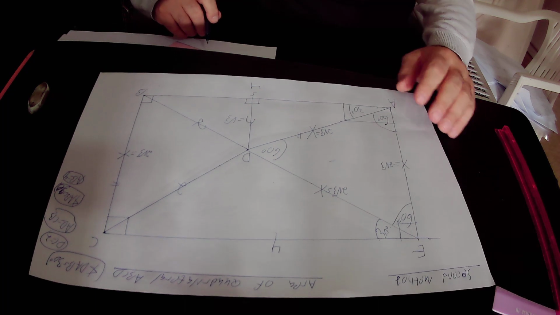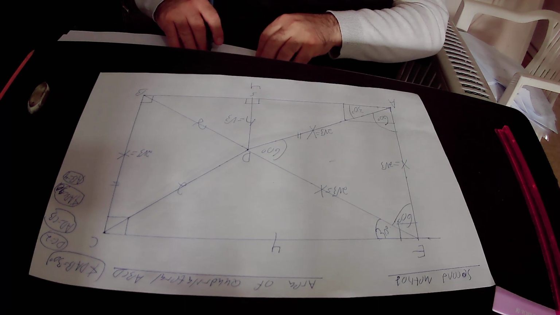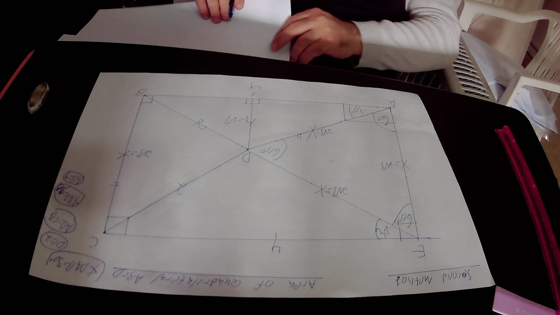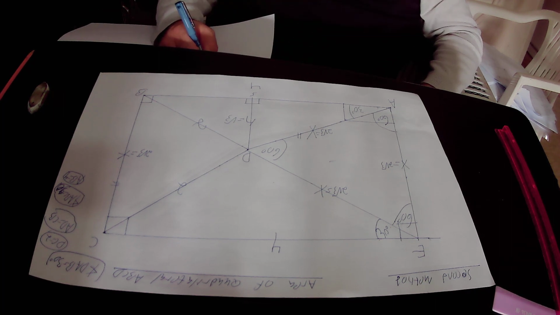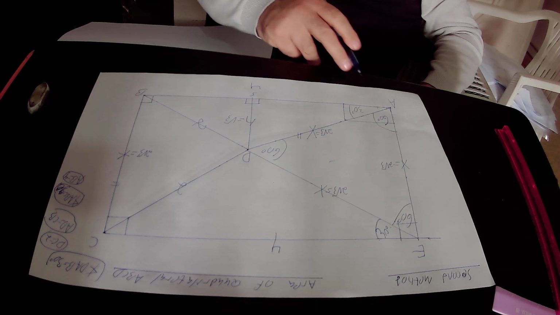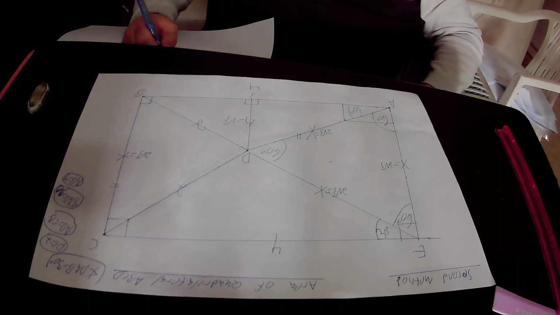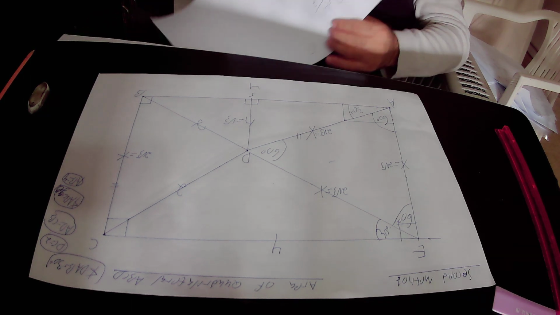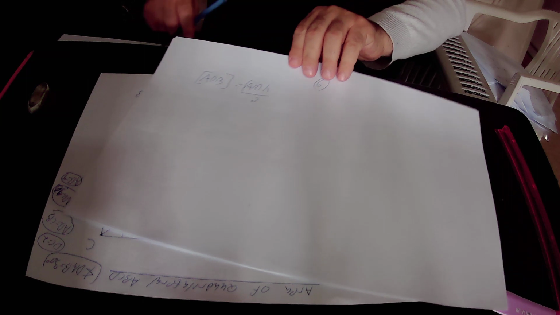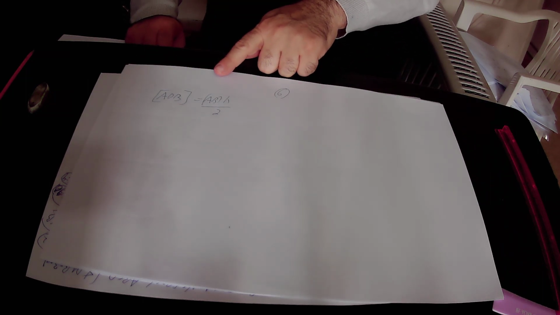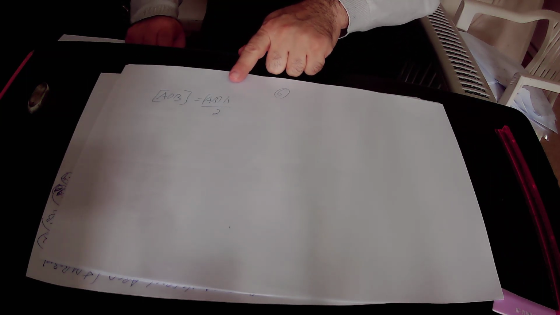Now we can easily find out the area of triangle ADB. The area of triangle ADB will be equal to the base of the triangle, that is AB, times the height to the base, that is h, over 2.